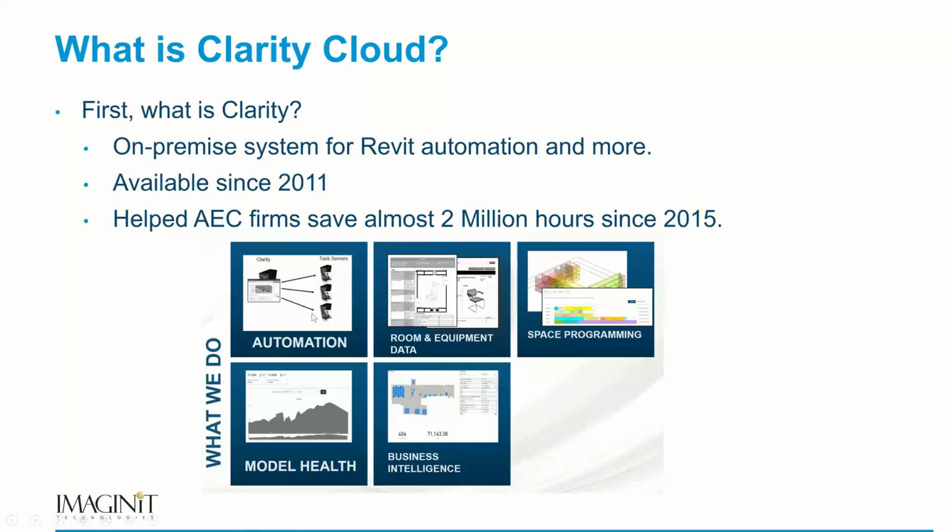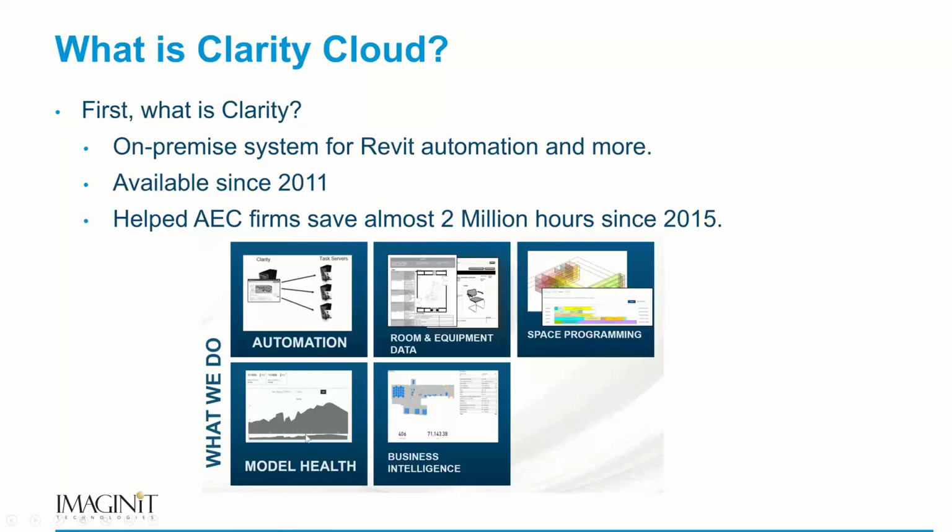So that automation is really at the core of what we do with Clarity. And one of the things that we can automate while we're making PDFs and other kinds of things is we can take little snapshots of your model health. We can measure things about the Revit models or the AutoCAD files and keep track of that over time. So the on-premise Clarity is really centered on automation.